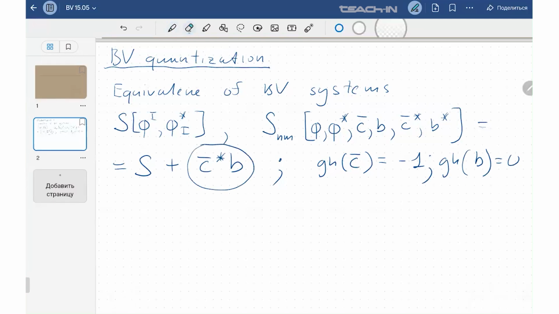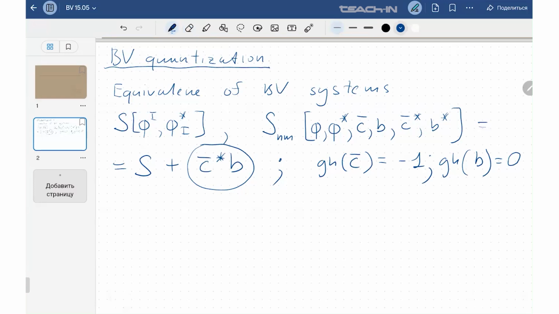And of course, the star indicates conjugation. So the anti-bracket between c bar and c bar star is 1, and between b and b star is 1. In general, of course, there can be indices, but let me suppress it. There can be a few variables c and b like this.